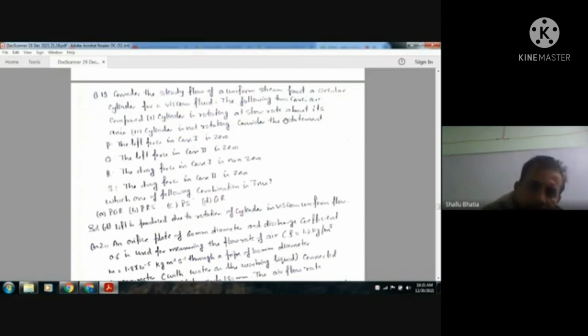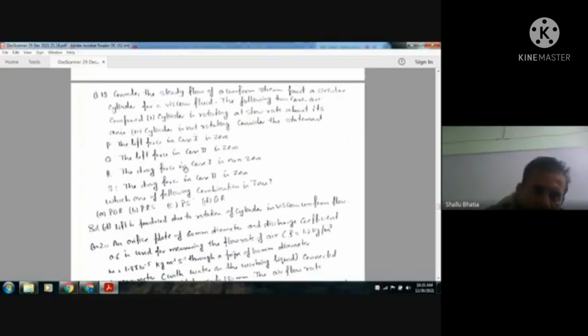When the cylinder is not rotating, there will be no lift, because lift is due to rotation of the cylinder. In the first case the cylinder is rotating, so there will be lift, and in the second case the cylinder is not rotating, so the lift force is zero.